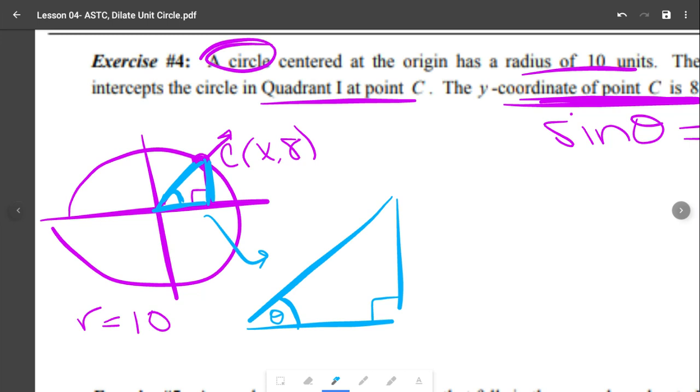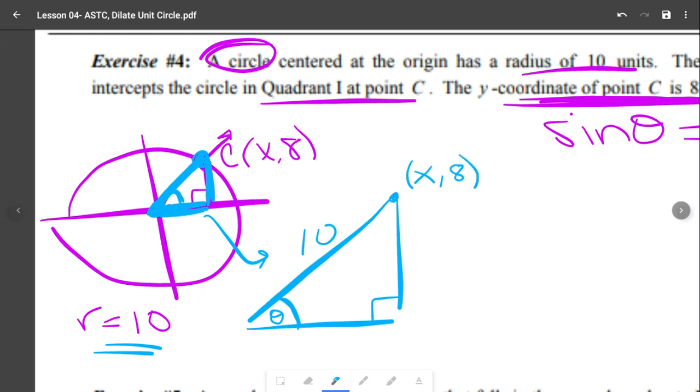Now, this is my hypotenuse right here. Remember, the hypotenuse of this circle also happens to be the radius. It's connecting us from the center to the outside edge. And we said the radius was 10, which means our hypotenuse is 10. Now, the point that was sitting up here, we know it's the coordinates x, comma, 8.